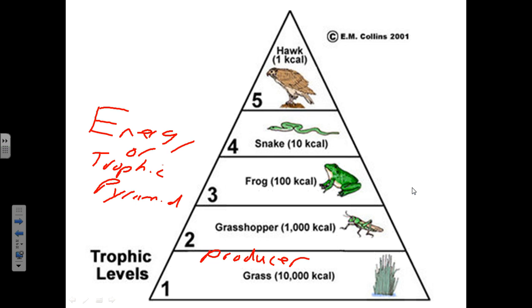The things that eat them, in this case the grasshopper, this guy is called a primary consumer. The thing that eats the grasshopper, the thing that eats the primary consumer, is a secondary consumer. The thing that eats the secondary consumer is called a tertiary consumer.